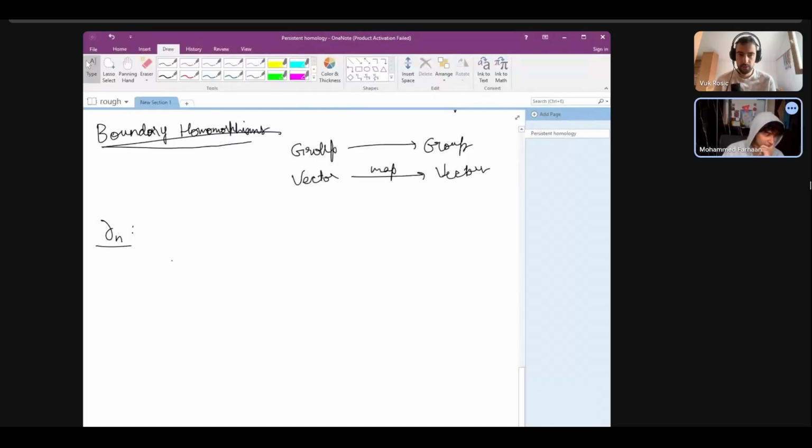Delta n is a linear map that basically spits out the number of n-dimensional holes. No, wait. That tells you that.